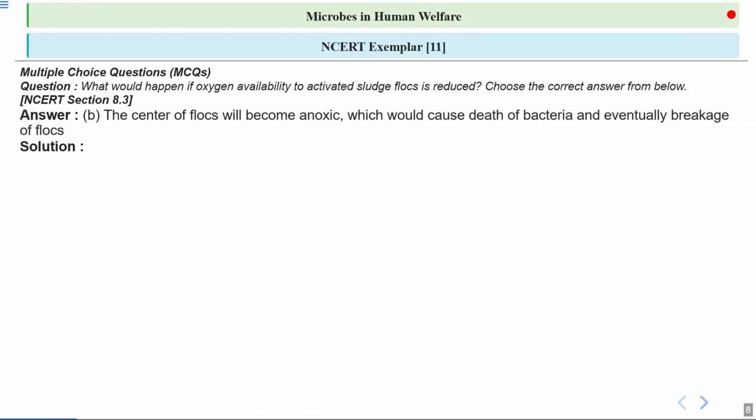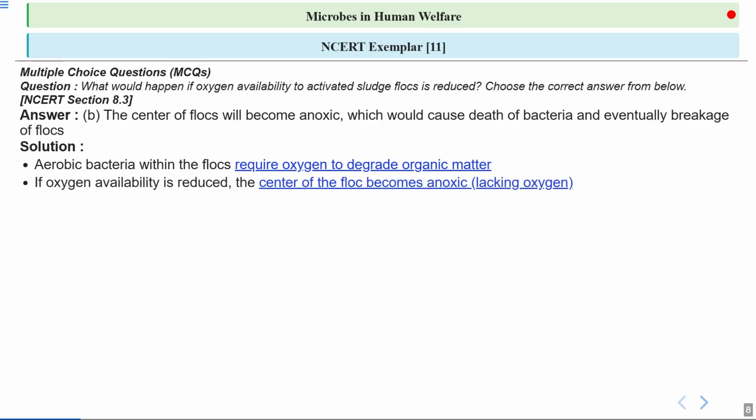Let's have a look at the answer. See, option number B is the correct answer here. The center of the flocks will become anoxic, which would cause death of bacteria and eventually breakage of the flocks. Okay, so let's have a look at the explanation. See, aerobic bacteria within the flock require oxygen to degrade the organic matter. Okay.